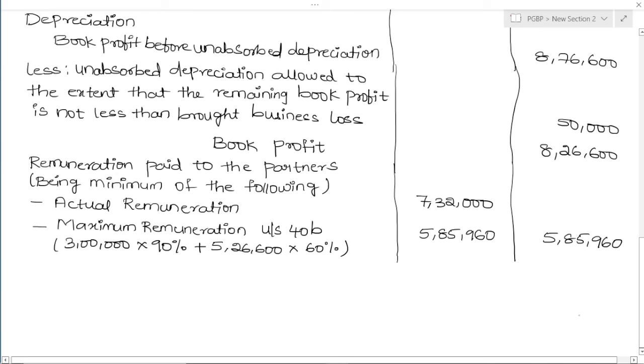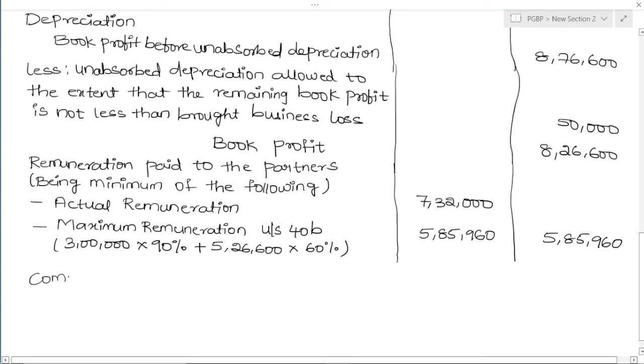We did. We wanted to calculate remuneration allowed to the partners. That means what is the deduction under 40B that can be given. And we calculated remuneration up to 5,85,960 can be allowed as deduction. Now we need to actually calculate the total income, right? So let's write down the heading.